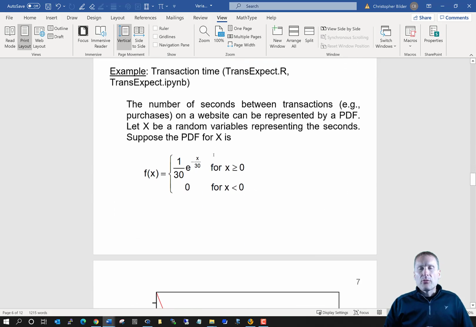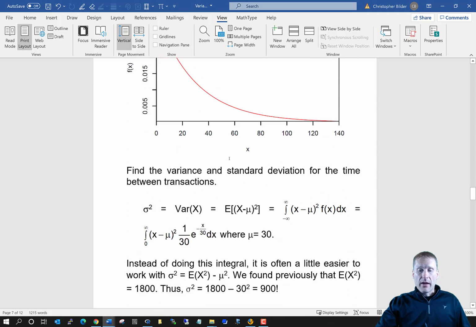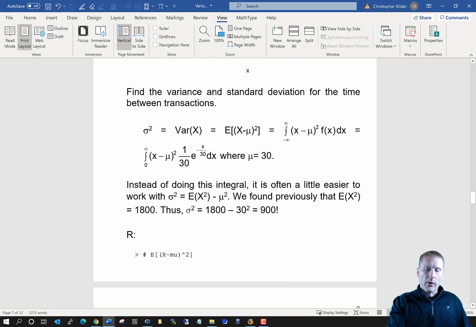Okay, let's move on now to the transaction time example. Again, x is our continuous random variable that we're working with, and we'd like to be able to find now the variance for x. So in other words, we want to find sigma squared, otherwise known as var of x, otherwise known as the expected value of x minus mu squared.